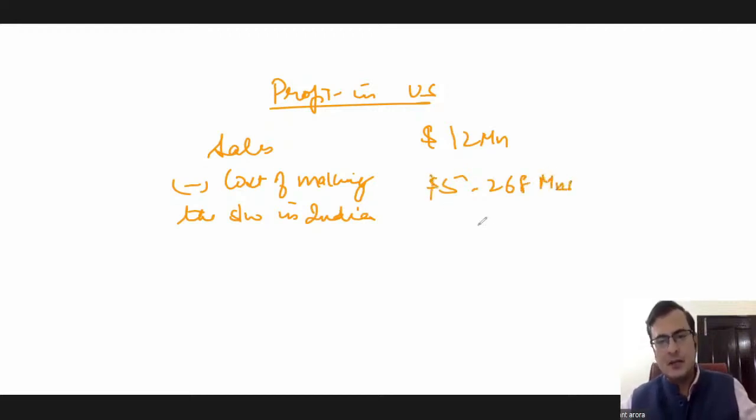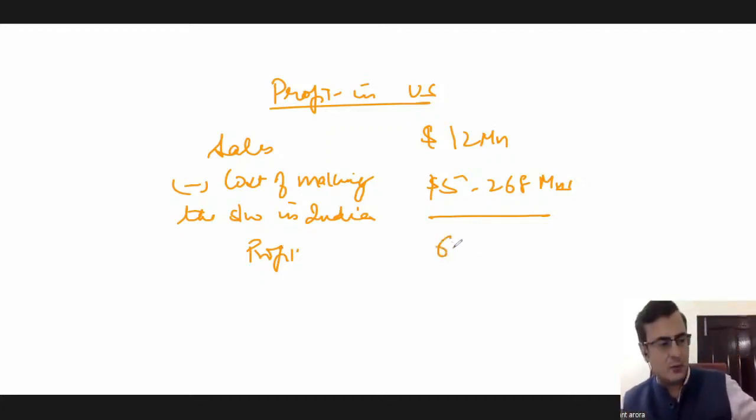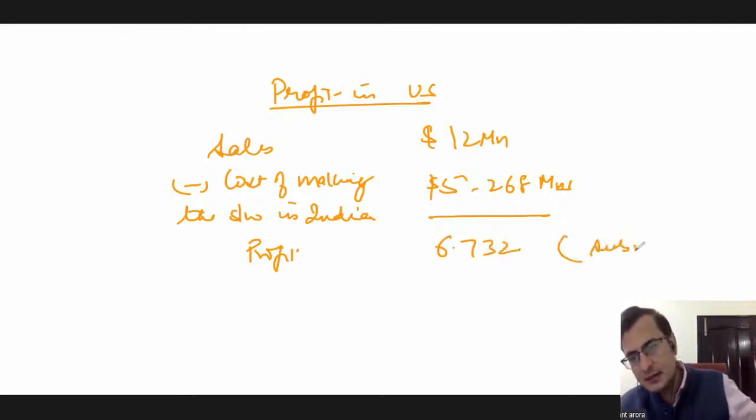Okay, so their profit will be 12 minus 5.268. So they will be getting 6.732. I'll write subject to taxes. Okay, subject to taxes in US.